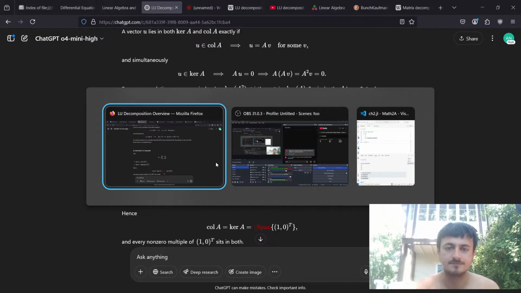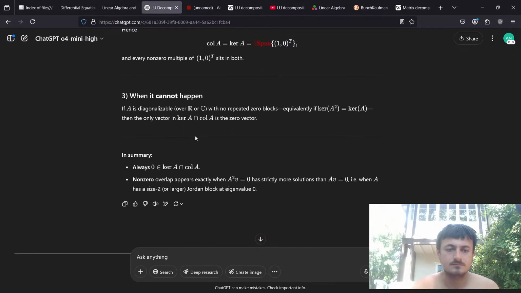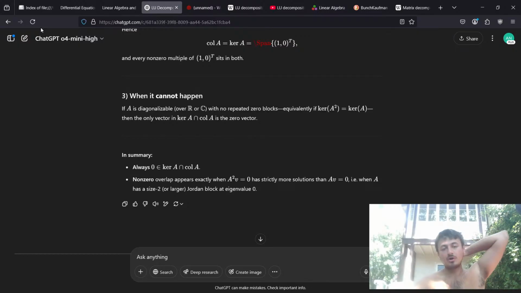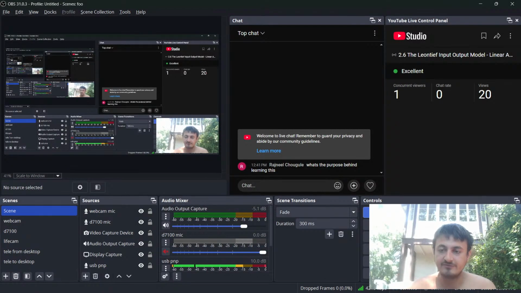It looks more theoretical. Yeah, so right. That's the better one. Is that 0 is always in Col A and 0 in Ker A. All right. So that's the Leontief input output model.